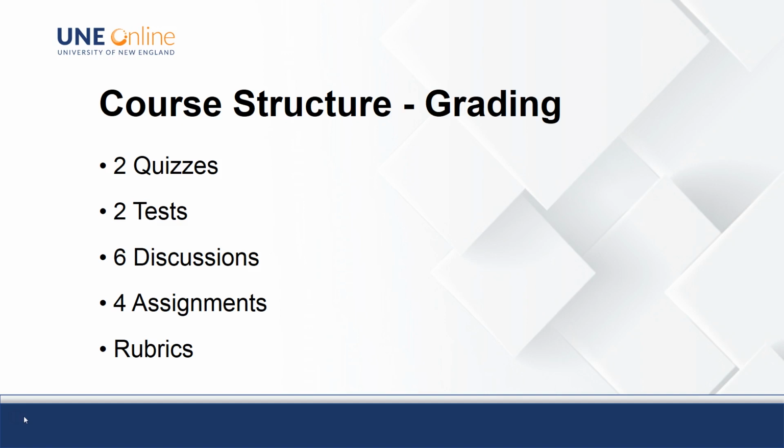Through the discussions and assignments, you will be applying what we learned throughout the semester in our readings, lectures, and your research to the development of a theory-based health promotion intervention. The structure of this process is explained in a document located here in the first module and along the left-hand menu. Finally, the rubrics will be used to grade the discussions and assignments, and these will be helpful for you to review as you are preparing your work each week.